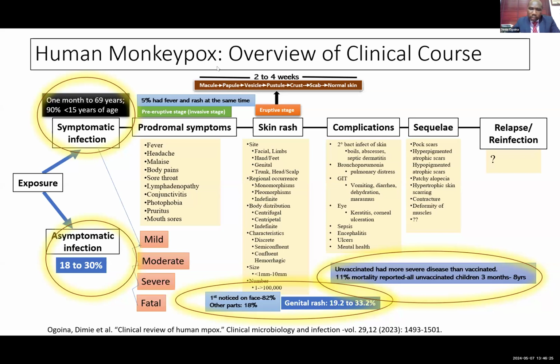Then we have sequelae, and in some patients we could have a relapse or reinfection. This gives us an overview and tells us that if we want to care for monkeypox patients, we must consider this chronology of presentation in the natural history of mpox.